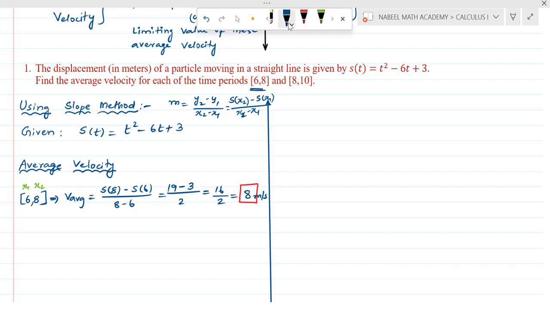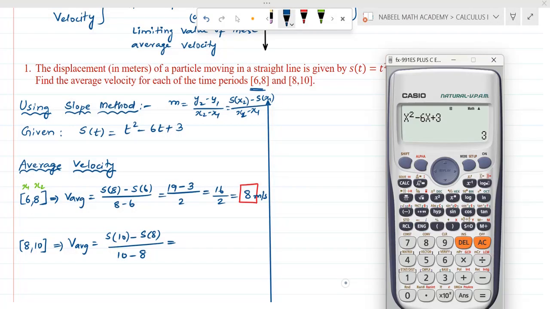Now similarly, I will take the second one, 8, 10. The same rule, nothing new: s of 10 minus s of 8 over 10 minus 8. This is y2 minus y1 over x2 minus x1. The function is already fixed in the calculator, so just put in 10.